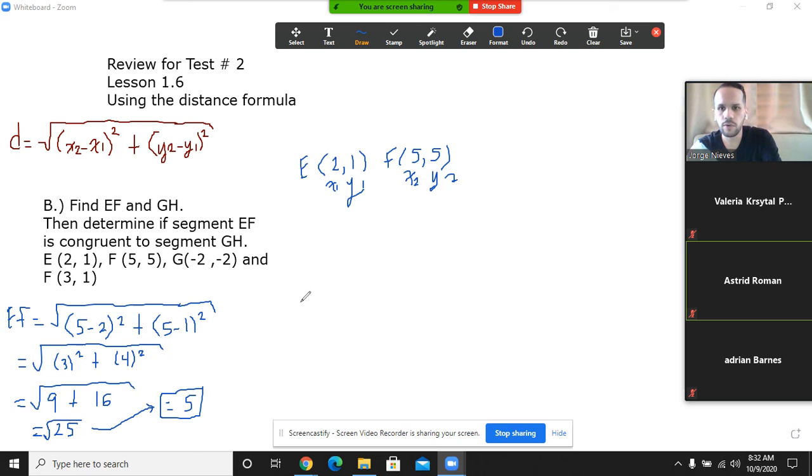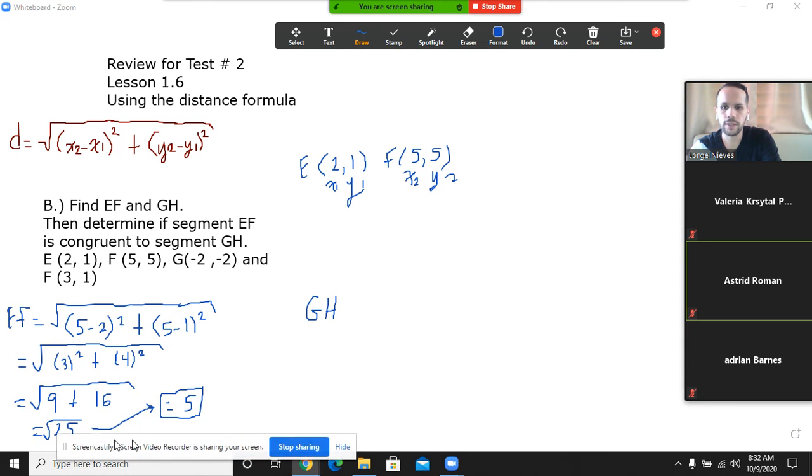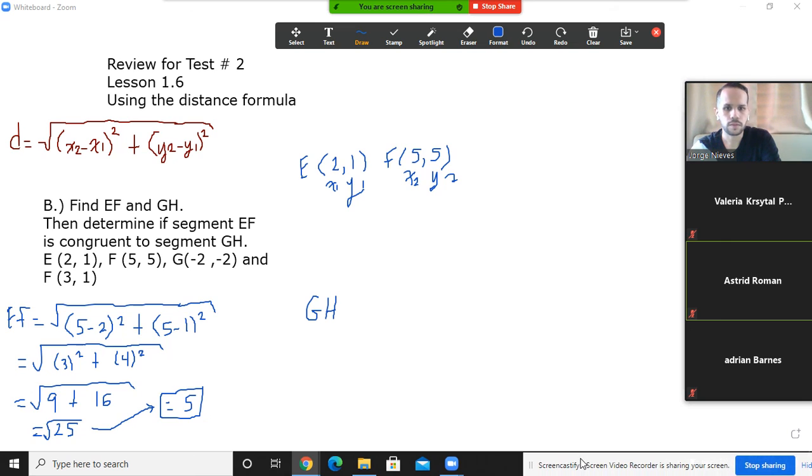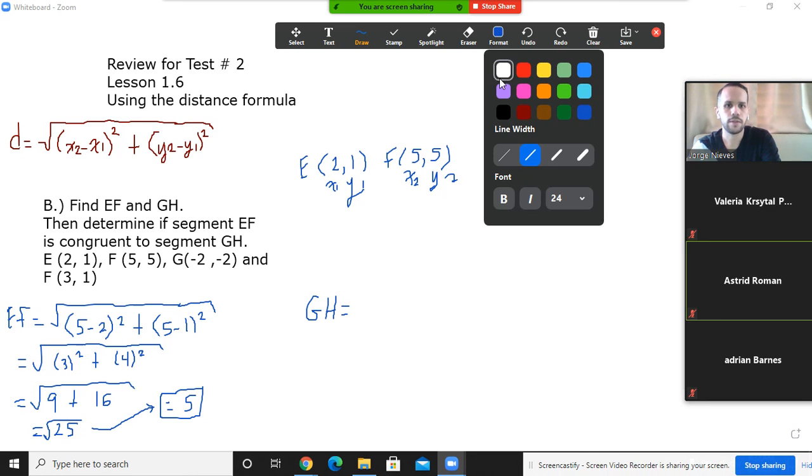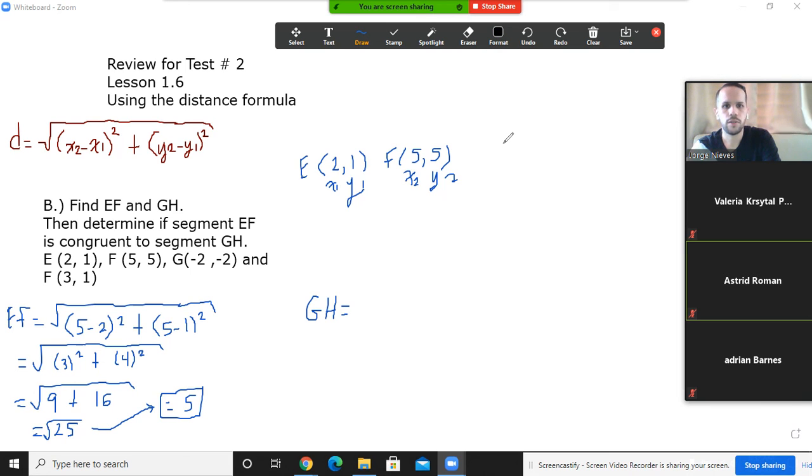So let's do now GH, okay? So what are the coordinates of GH? Who can tell me? Let me change the color. So let's write the coordinates. The coordinates of GH are -2, right? And -2.